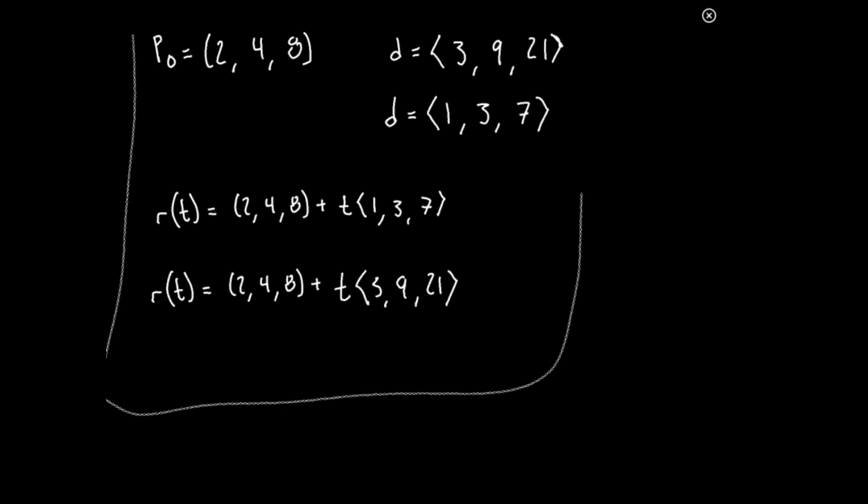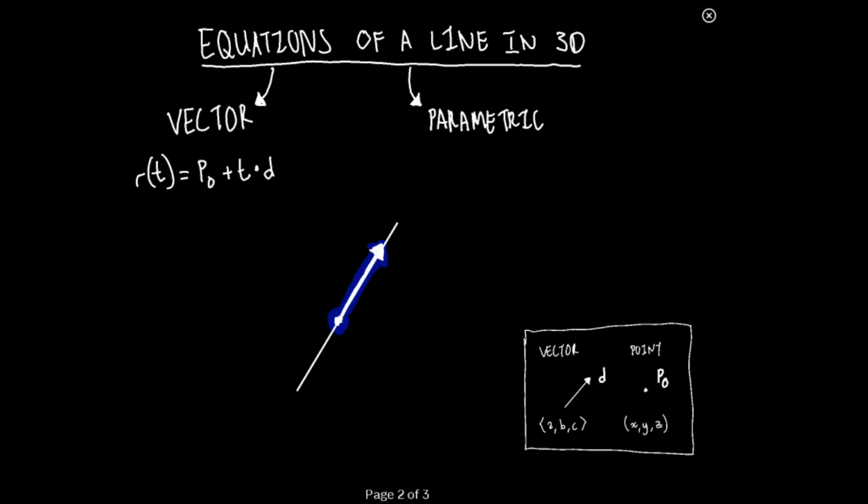So let's get rid of that and let's go look at the parametric equations. The parametric equations are a set of equations that will give you the x coordinate, the y coordinate, and the z coordinate for any t value that you give, right?